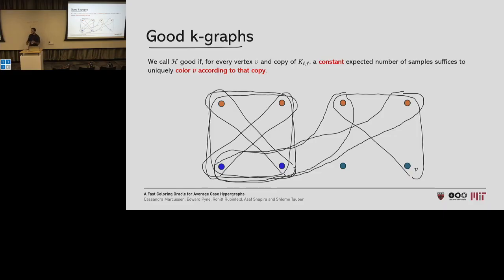And to keep the coloring legal, V must be colored with the opposite one. So if H is good, we really easily find the copy of K_{L,L}. And once we found that copy, we can color each vertex by using only local computations. So that's really cool.